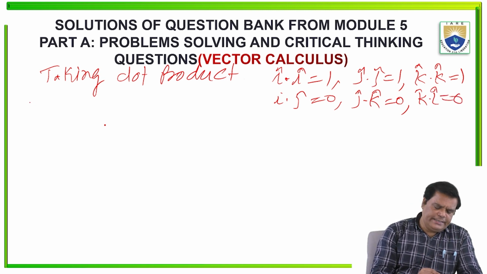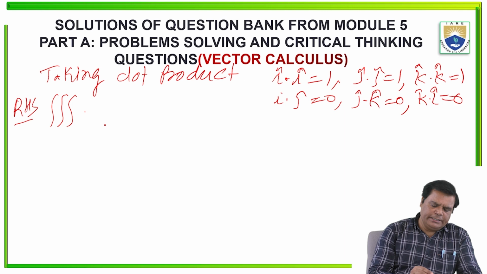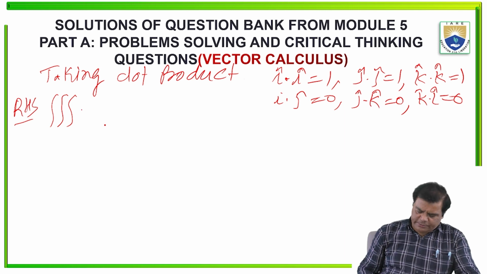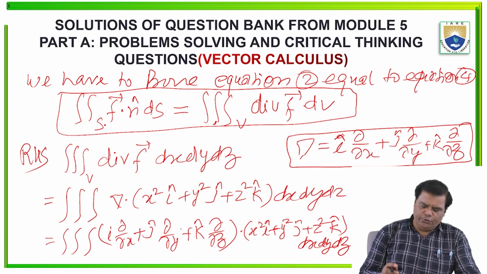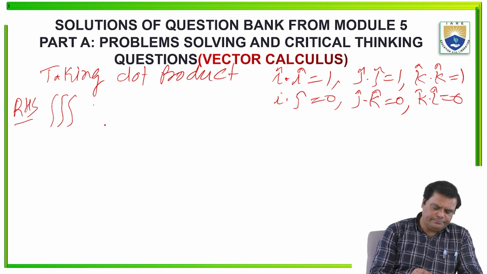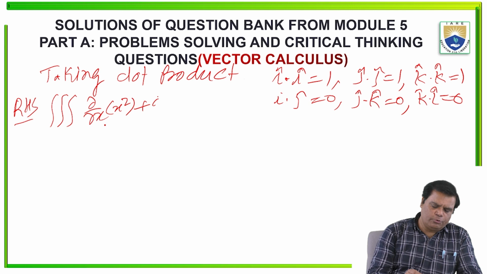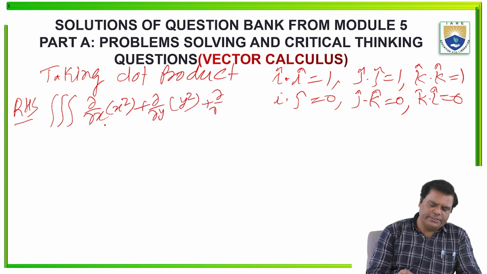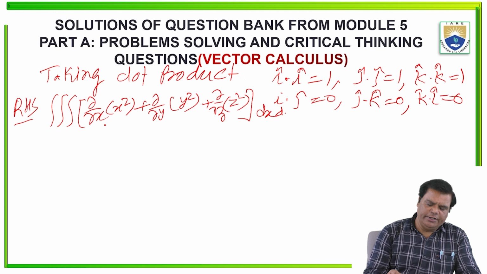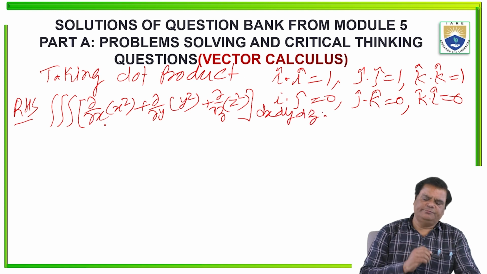So now we get the RHS, triple integration. Taking the dot product here, dou over dou x of x square plus dou over dou y of y square plus dou over dou z of z square, and into dx, dy and dz.